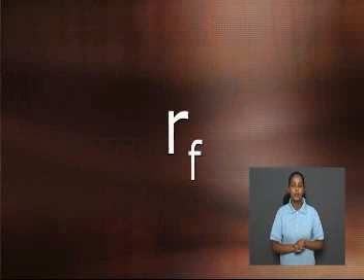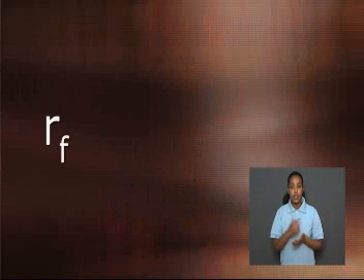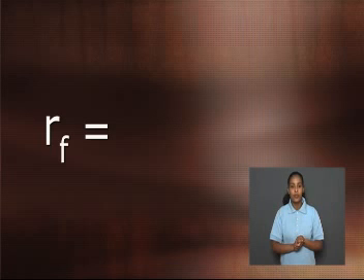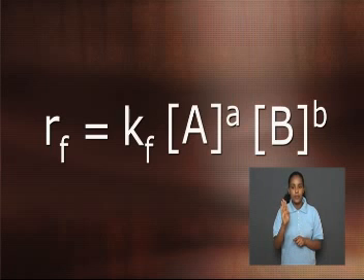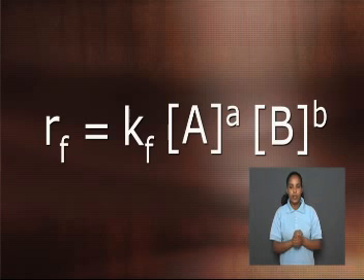The rate of forward reaction depends on the concentrations of A and B, or the reactants. This is shown in the following expression. In this expression, the square brackets A and B are concentrations of the reactants, respectively.